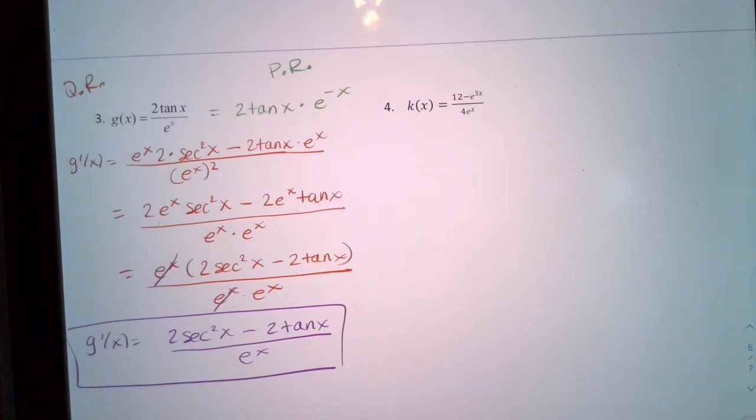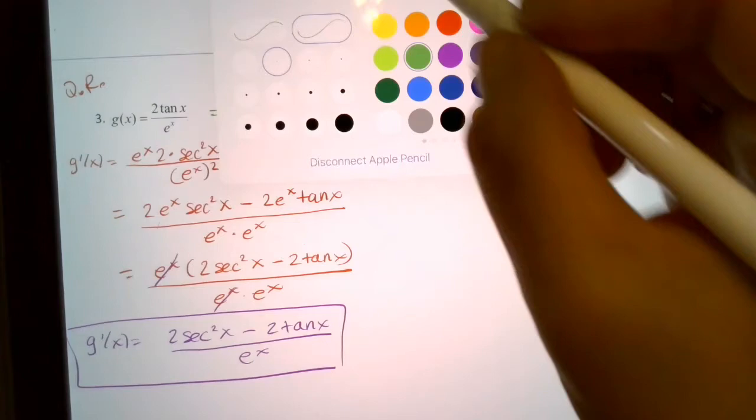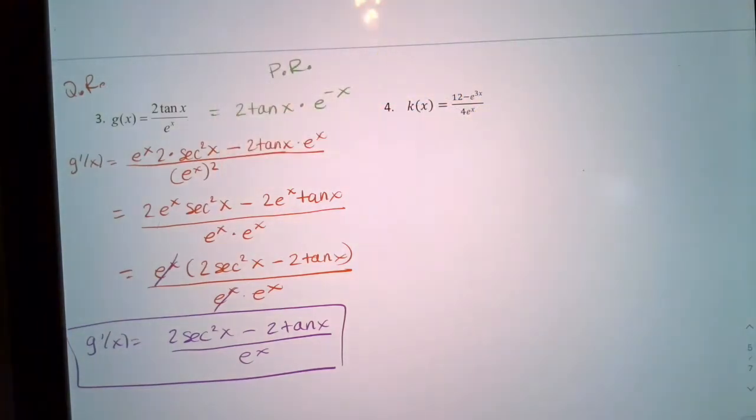That would be acceptable and appropriate if you wanted to. In the interest of trying to be a little bit more efficient here, you can use the quotient rule on problem number 4. That would be appropriate as well. But I could avoid it, and I might as well do that for you. You know, if I can avoid the quotient rule, let's talk about it.